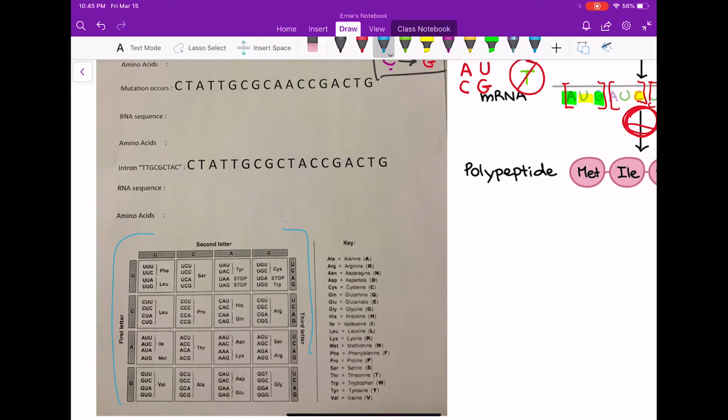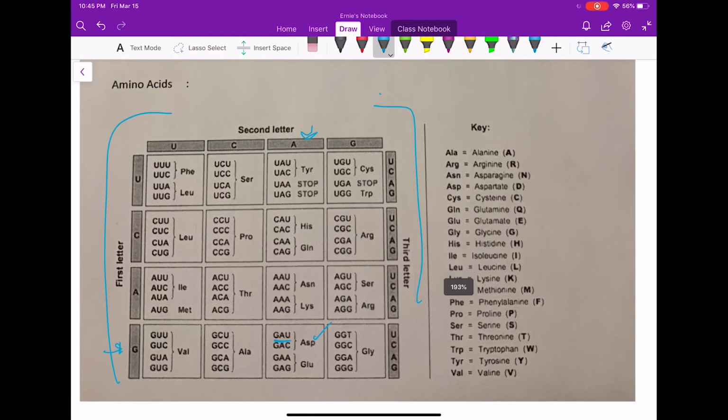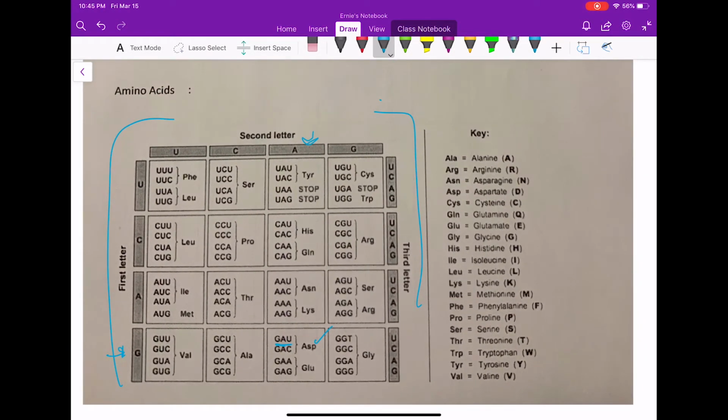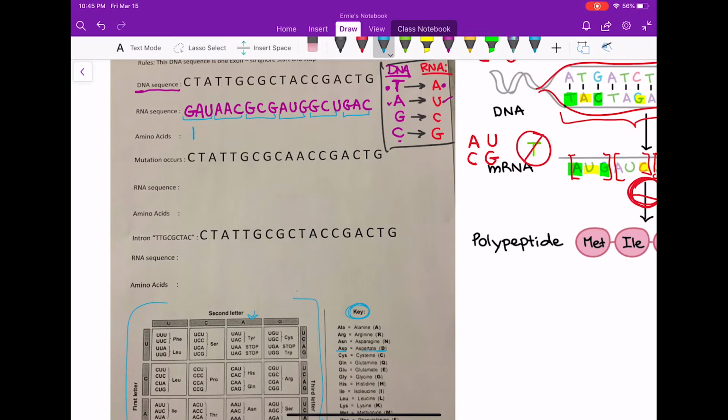GAU is ASP right here. And then I refer to my key. ASP, what is ASP? It's aspartate, and that's letter D. So I write letter D right here.